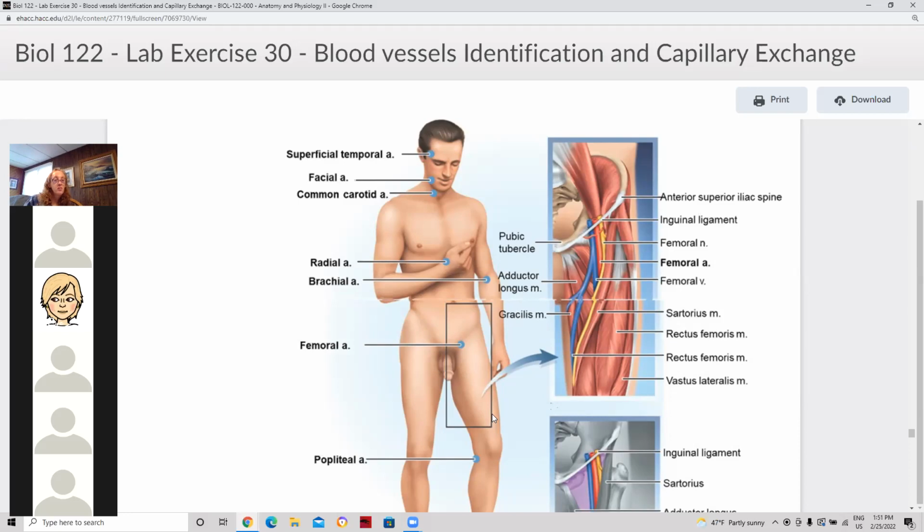A lot of times they'll do it with the femoral artery. If you can't feel a femoral artery pulse, you know there's no blood going to the leg.